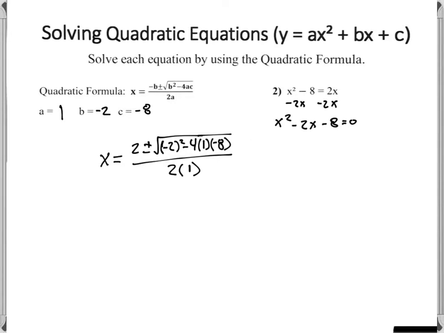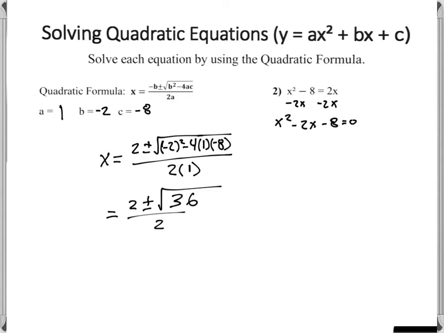So in this case, we have 2 plus or minus the square root of negative 2 squared minus 4 times 1 times negative 8 all over 2 times 1. So as we simplify this, we're going to get 2 plus or minus the square root of 36 over 2.